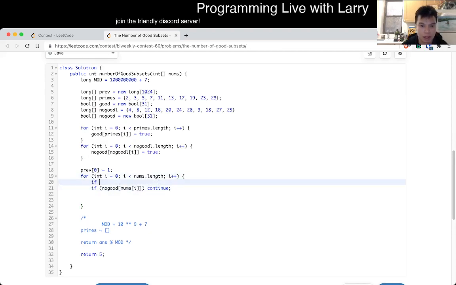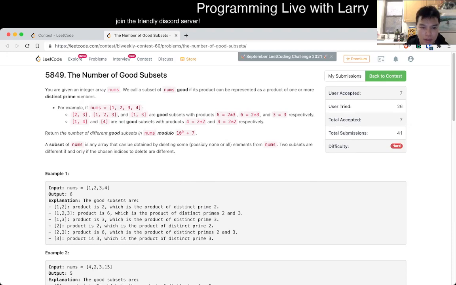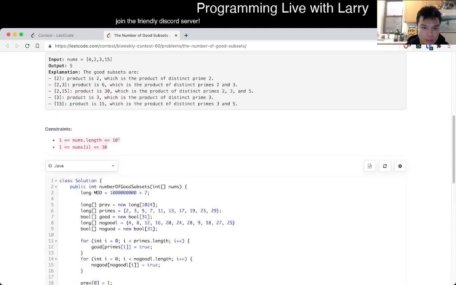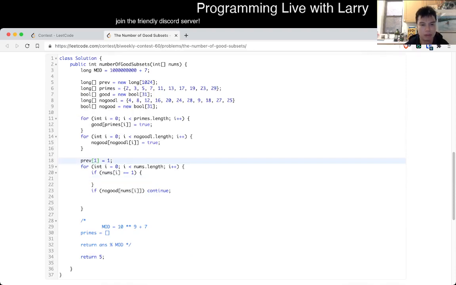If num sub i is equal to 1, then we do something funky, which is we double everything. We double everything except for previous of 1, I suppose. Is 1 an answer? 1 is not an answer, right? So yeah, okay. Maybe this is of 1, not of 0. Okay, maybe that makes more sense.